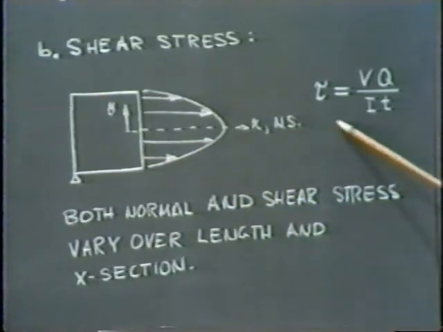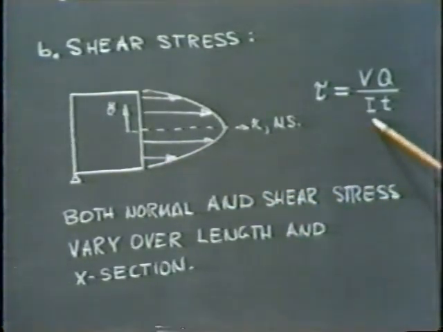Shear stress, you recall, involves the shear load V times a cross-sectional property we called Q, divided by the same cross-sectional property we've seen before, the area moment of inertia, and the thickness of the beam at the point where we want to find the shear stress.